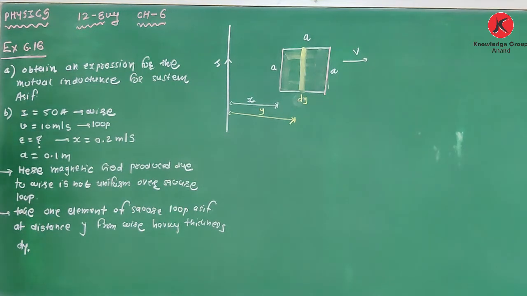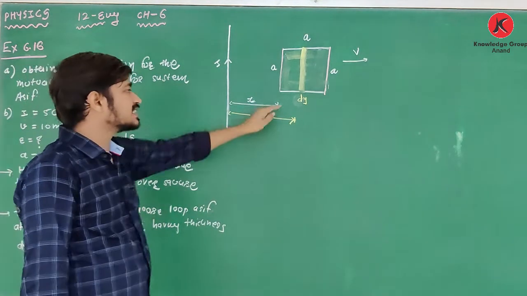Clear about this? Okay, so yes, it is one element. Now how to find it? See, we have to find the flux passing through this element.